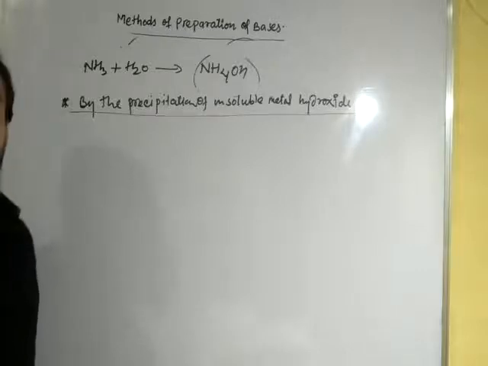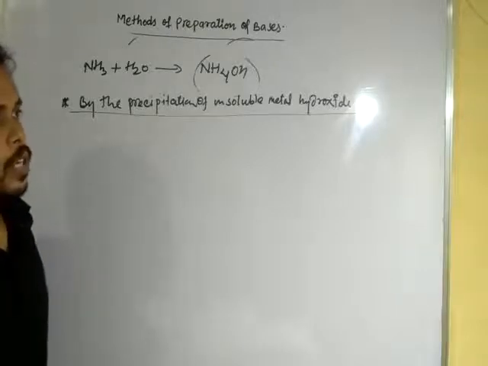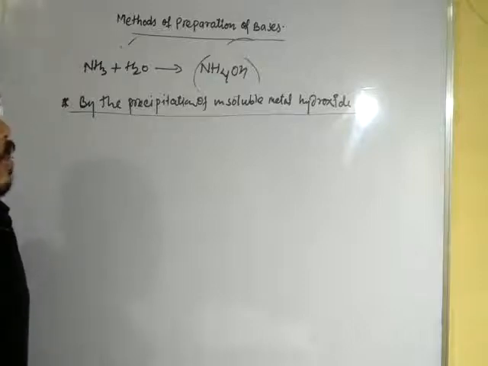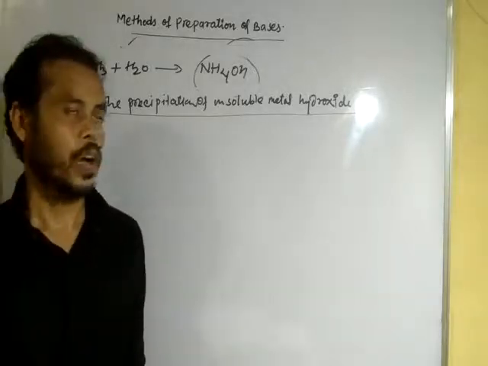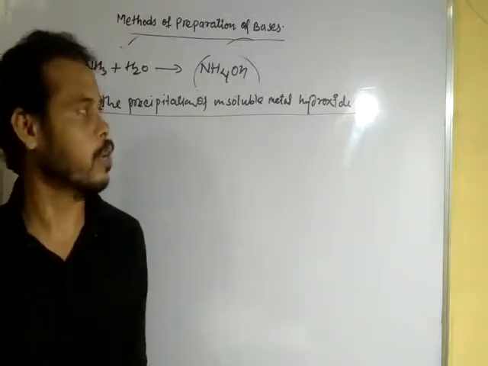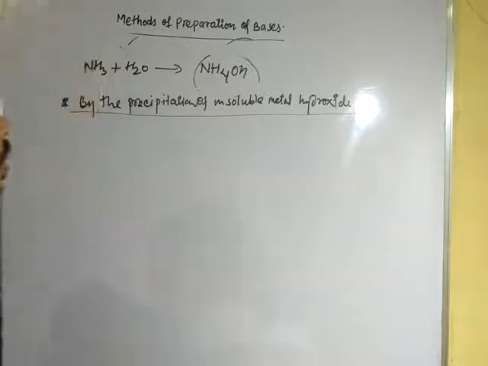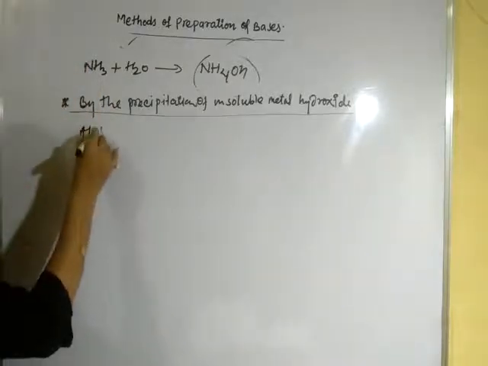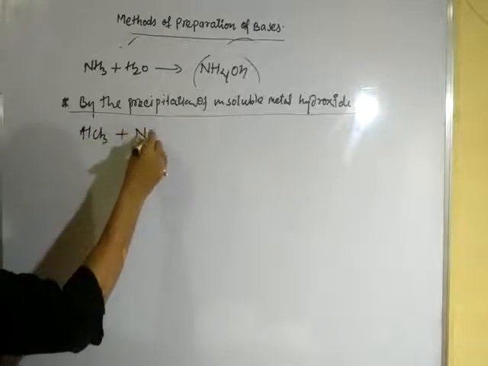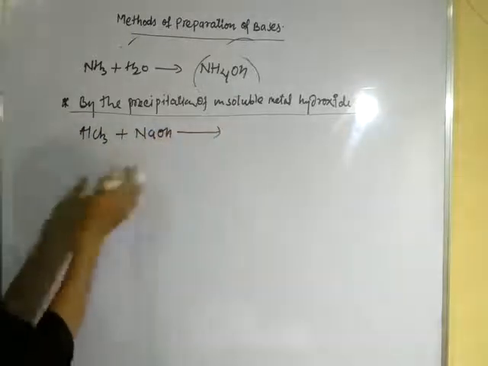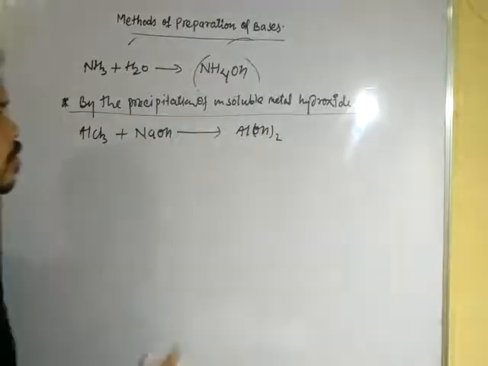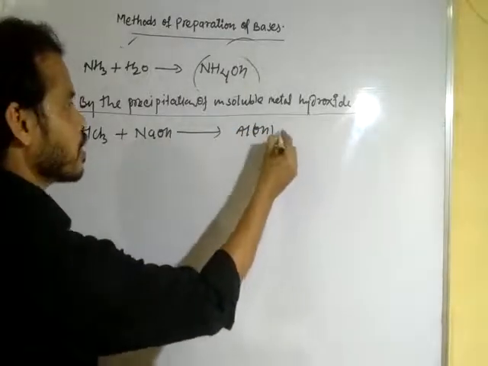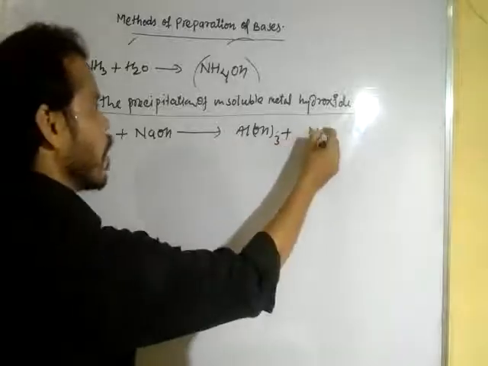In this reaction, when some salt is treated with some soluble metallic hydroxide, it forms insoluble metallic hydroxide, and insoluble metallic hydroxide or soluble metal hydroxide, both are known as bases. Okay, dear student. So when aluminum chloride AlCl3 is treated with NaOH, it forms aluminum hydroxide Al(OH)3, and NaCl is a byproduct.